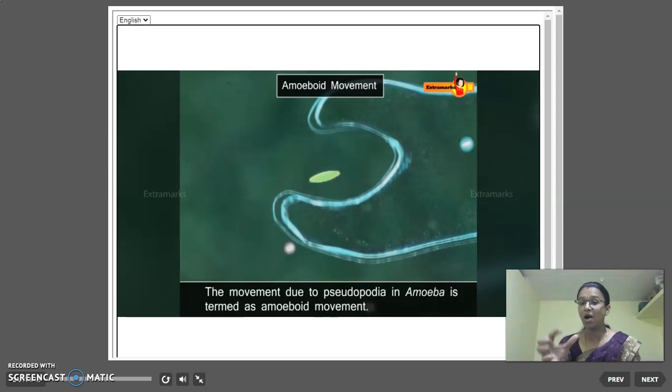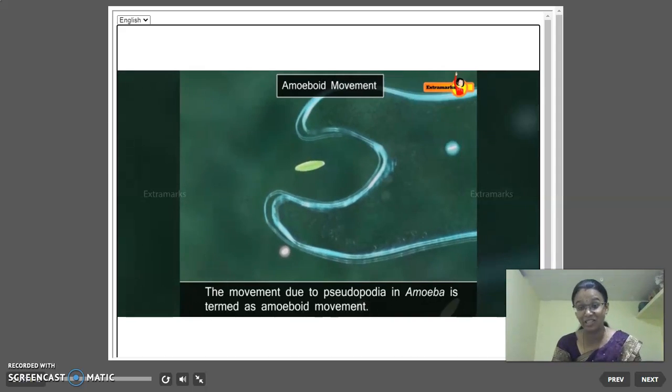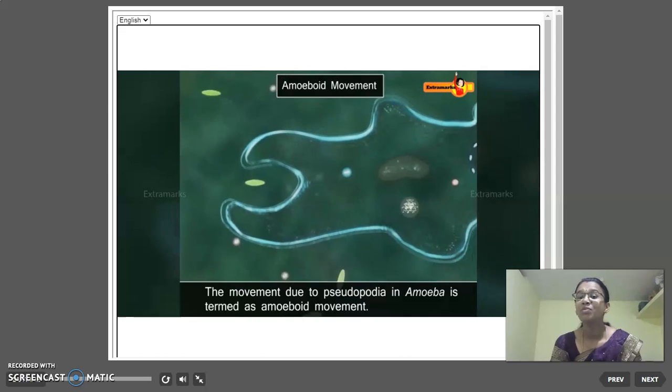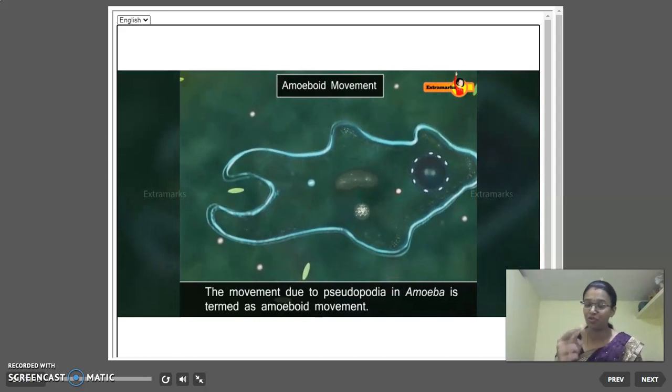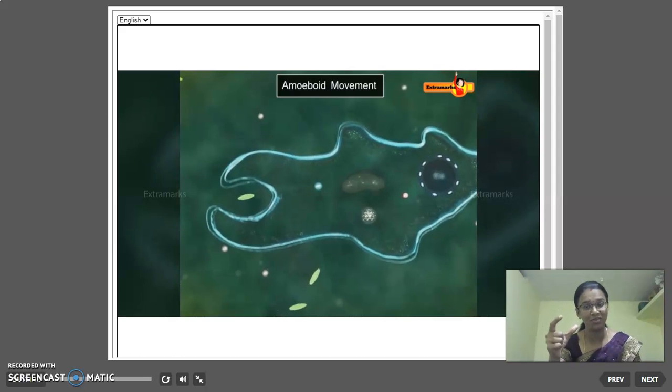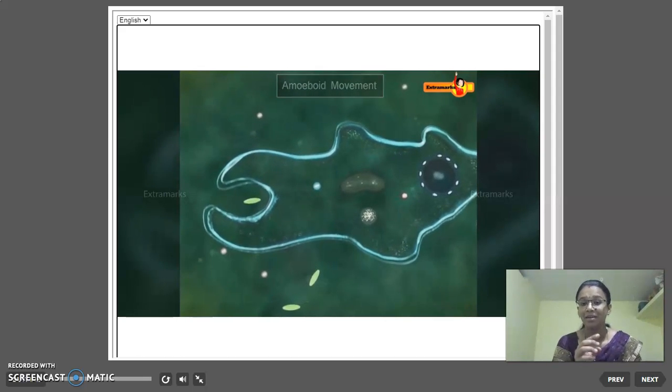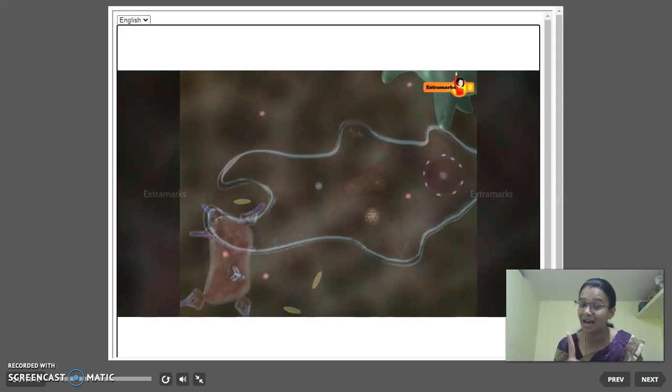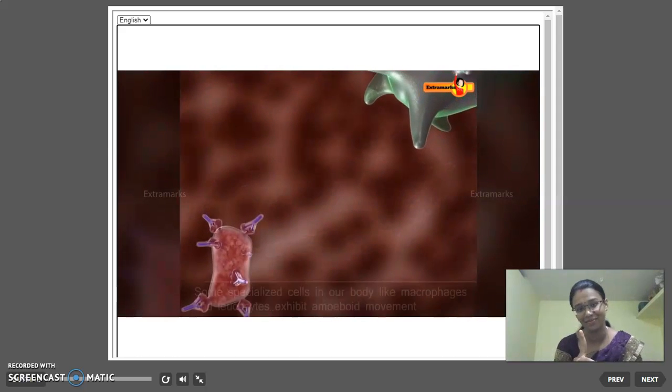The amoeba moves to capture its food, and it captures its food with the help of pseudopodia. Amoeba is a microscopic single-celled organism. They have only one cell.